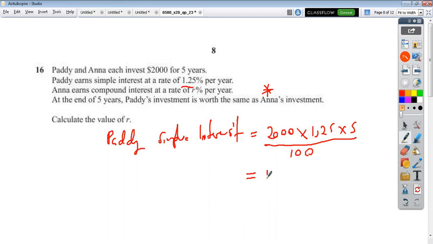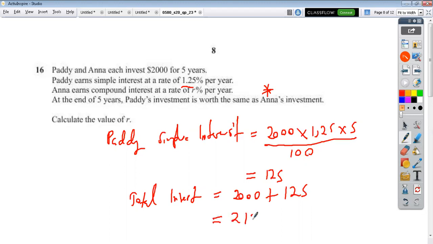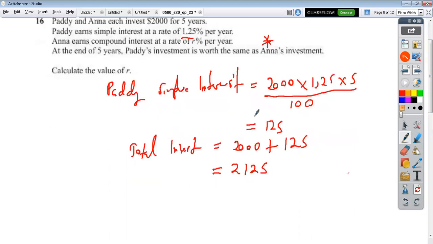But we are not done. That's the interest. Then we say the total investment is equal to the amount that was invested, which is 2,000, plus 125. So that gives you 2,125.